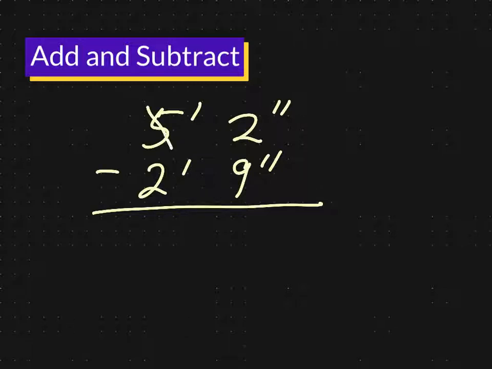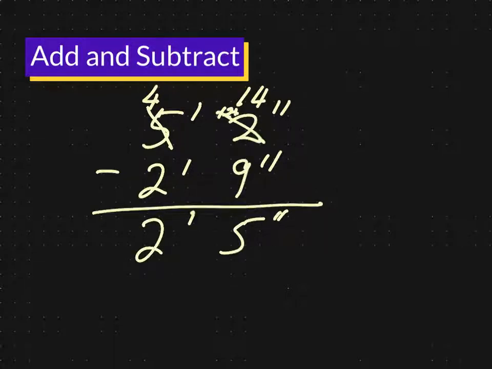I'll borrow 1 foot from here, so that changes to 4. And 1 foot we know is 12 inches, so 12 plus 2, that's going to change this to 14 inches. Now 14 take away 9 is 5 inches, and 4 take away 2 is 2 feet. So the answer is 2 feet 5 inches.